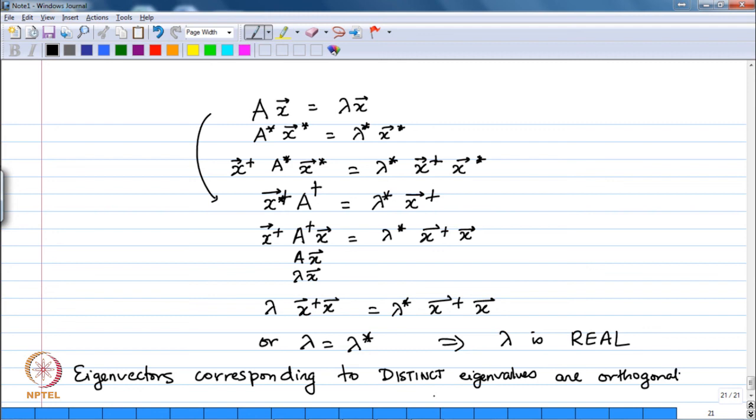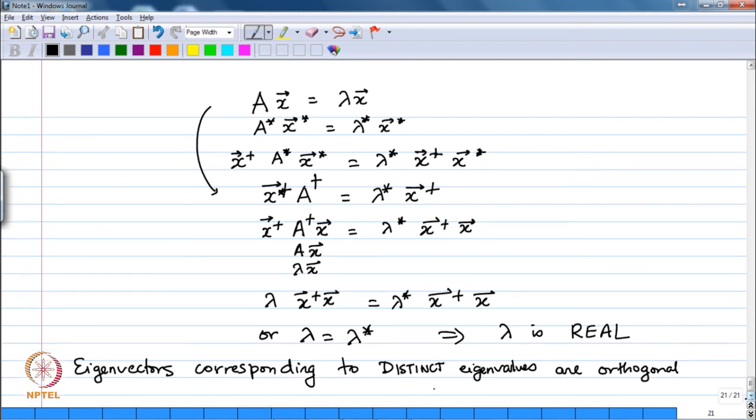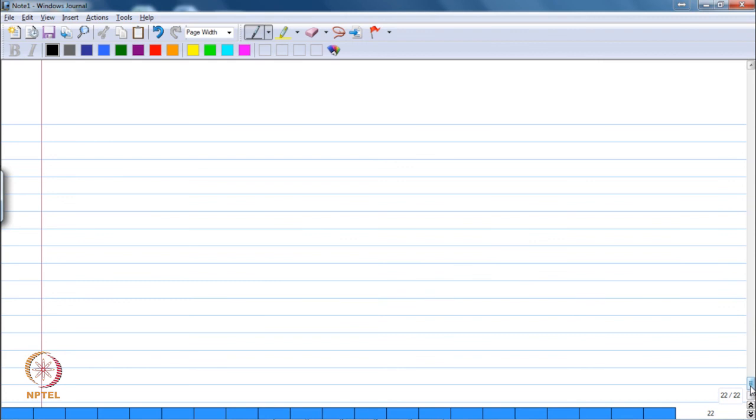Okay. And what we mean by this is that suppose you had A x 1 is equal to lambda x 1 and A x 2 equal to mu x 2.